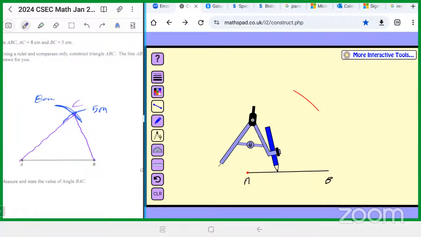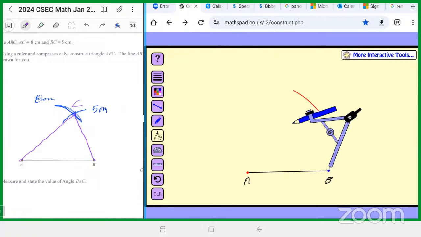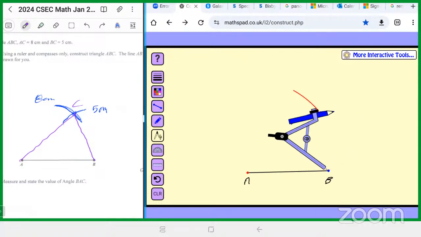So I'm going to put the point at this B now. All right, rotate up across that first arc, and it doesn't quite meet it, right? So I have to go and adjust back the 8. That blue arc is 5 centimeters.